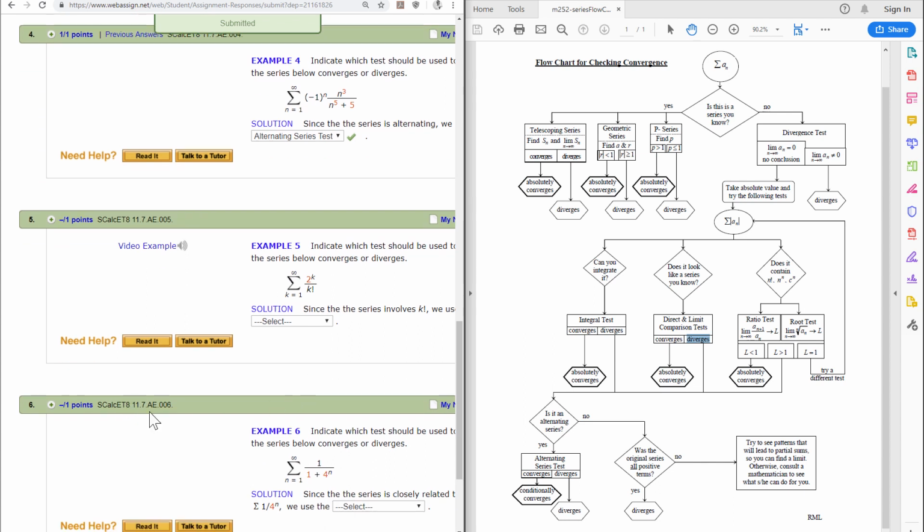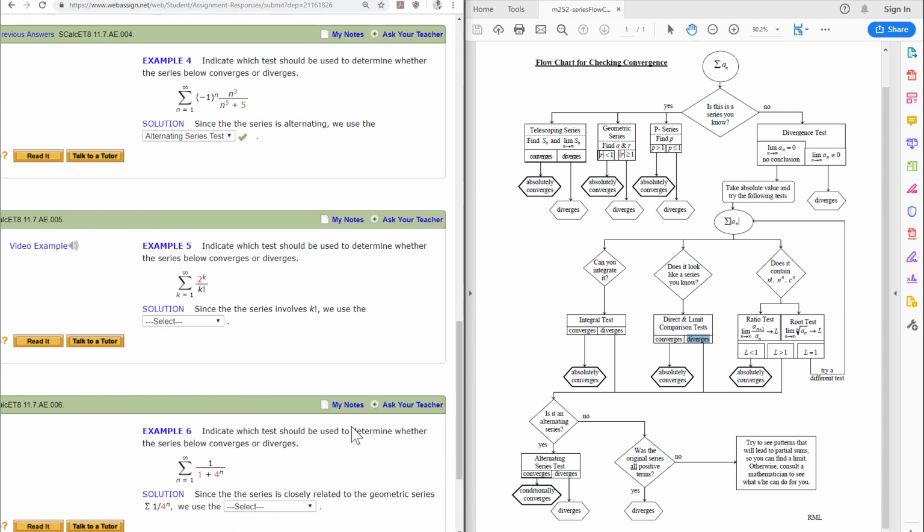All right. Now the next one that follows is 2 to the k over k factorial, and it's kind of tricky to know what the difference is between an exponential function and a factorial function. If you do it once or twice, you can see that one of them is going to dominate, so you should be able to tell whether the divergence test is going to lead you to infinity or 0.